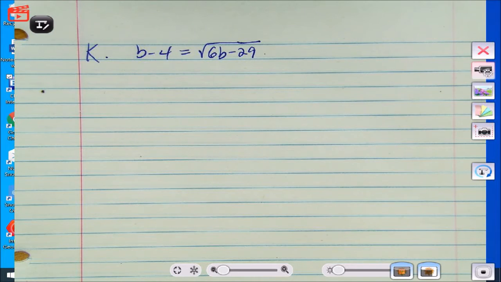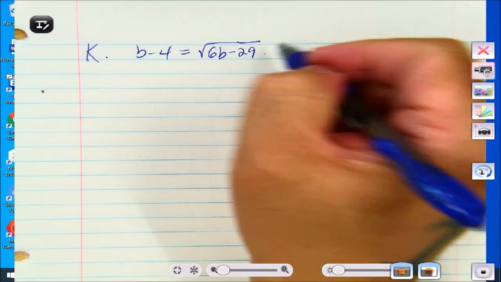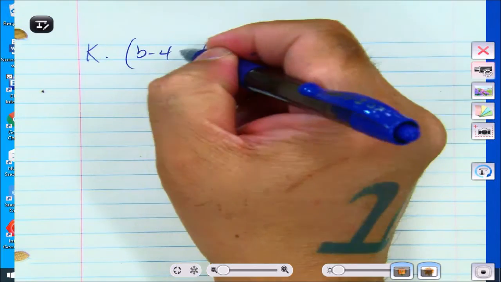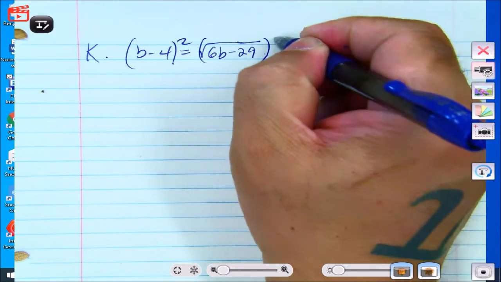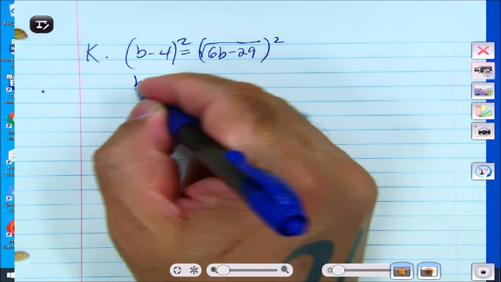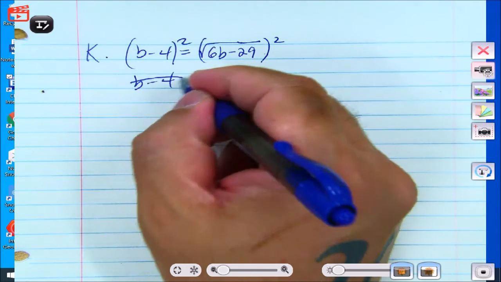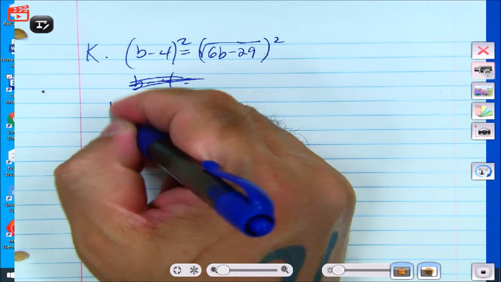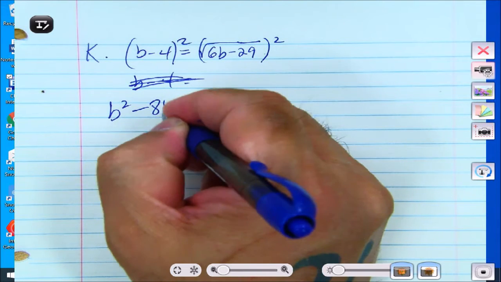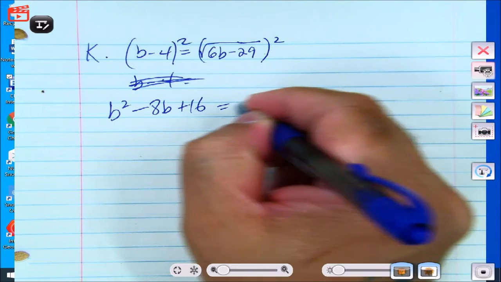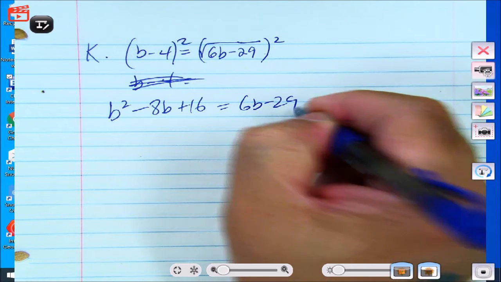Alright, this is example K. The square root's by itself, so you're going to square both sides. So that'll be b minus 4 squared equals... wow, that's a mistake. I thought it was b squared minus 8b plus 16 equals 6b minus 29.